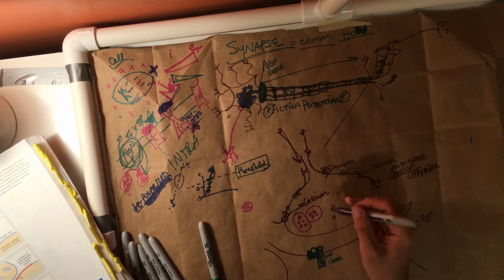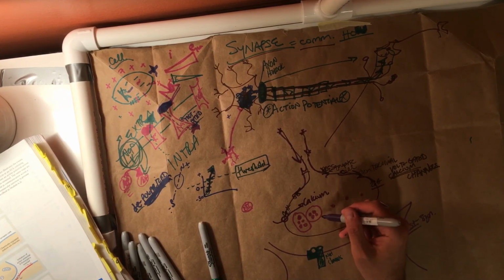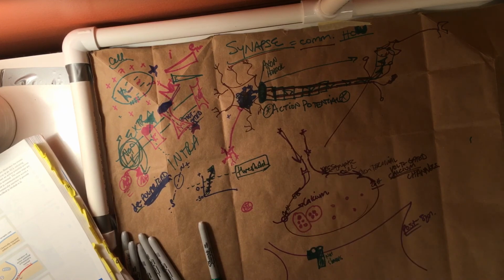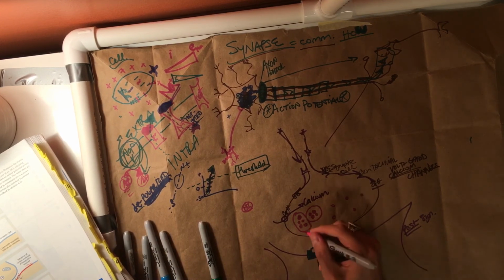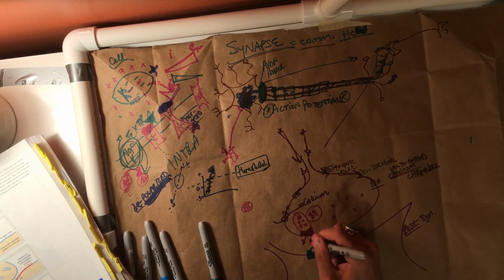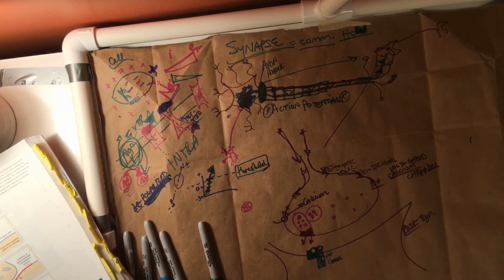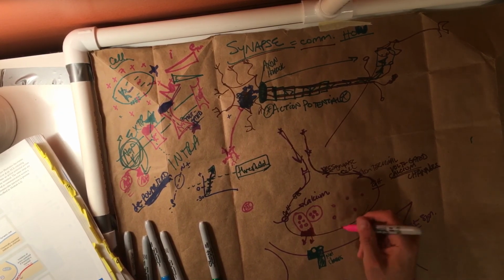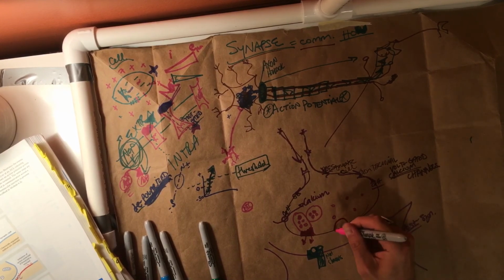Long story short, calcium serves the purpose of allowing these big bags of neurotransmitter to attach to the cell membrane and dump their neurotransmitter out into this space between. It's a process called exocytosis.